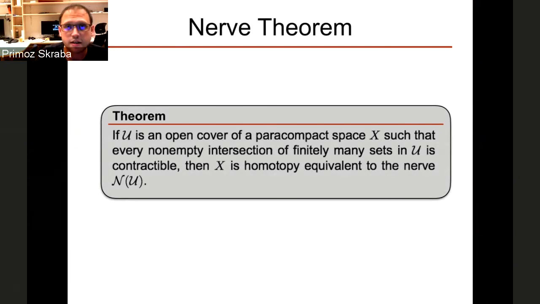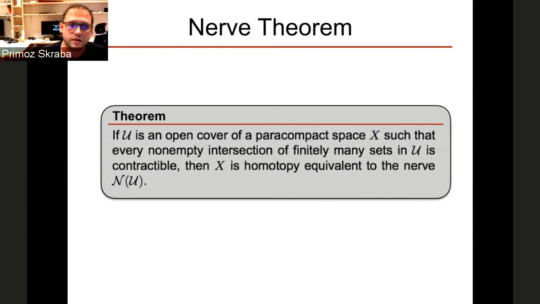So just in case someone doesn't know what the Nerve Theorem is, it says that if I have an open cover, and I'll define this in a second, of some suitably nice topological space, such that all non-empty intersections of these cover elements are contractible, then the nerve of the cover is homotopy equivalent to the underlying space.